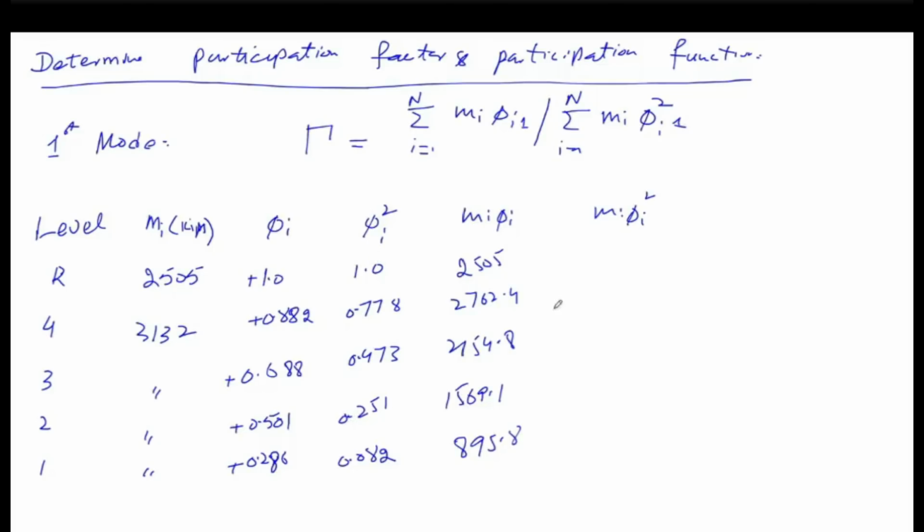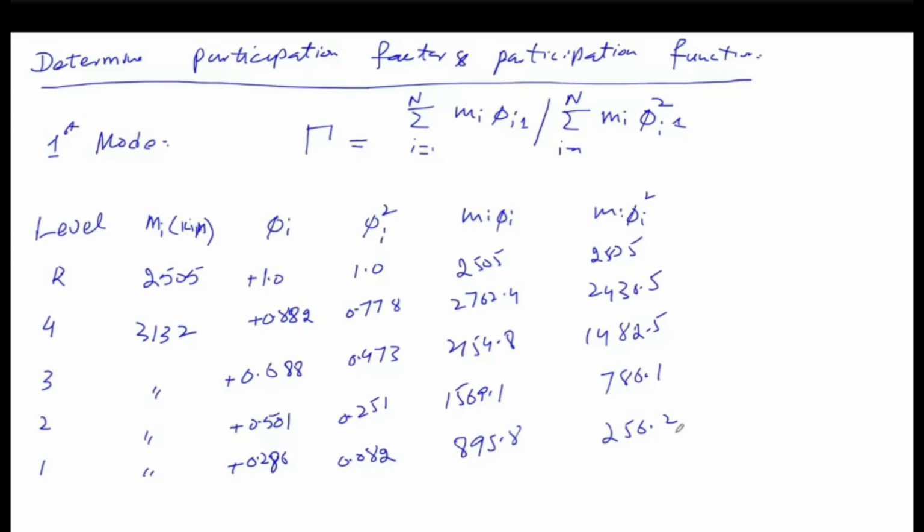What we get is 2505 for this, 2436.5 for the fourth floor, 1482.5, 786.1 for this, and 256.2 for the first floor.